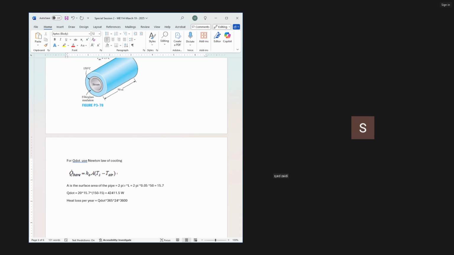So how many kilojoules per year do you get? Calculate that. Give it in kilojoules, not joules, so divide by 1000. It should be 1 point something e power.